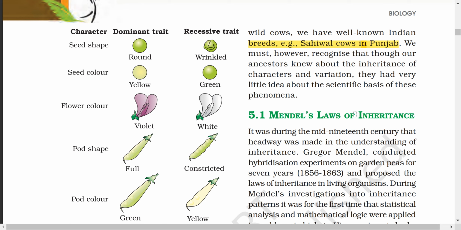And they knew that the traits, the inheritance, the heredity, was somewhere hidden in the process of reproduction. But then, they would also put this to use very actively. They would breed selectively. They would do artificial hybridization of plants, also plants get hybrids for better breeds and stuff. So all of this happened. This shows that they did have a practical idea, but they had little knowledge scientifically on the same.